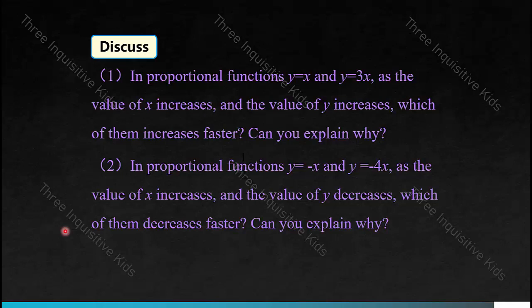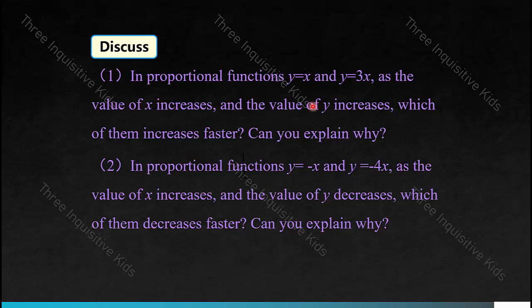Well, in the first one, which one would increase faster? The one that would increase faster would be y is equal to 3x, because this second function right here is tripling the speed of the first function because we times a 3. This is its slope. So here the slope would be 3 and the slope would be 1.